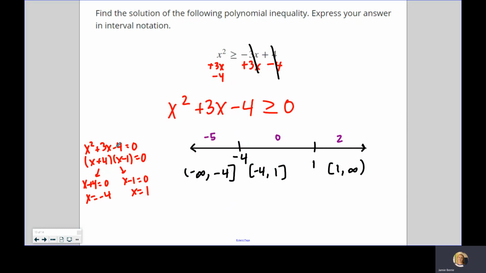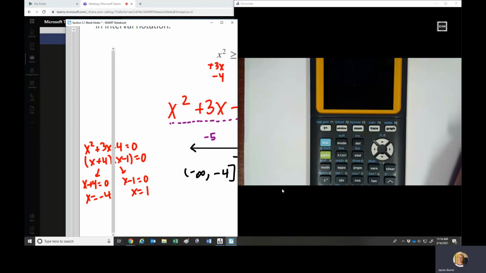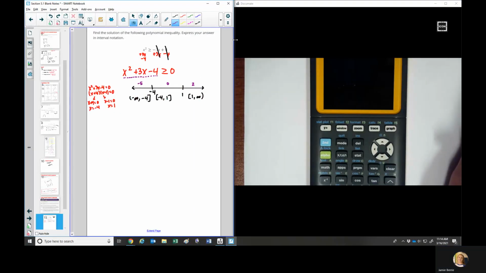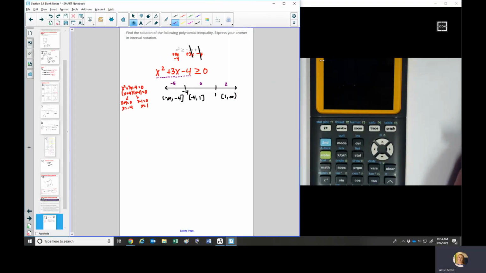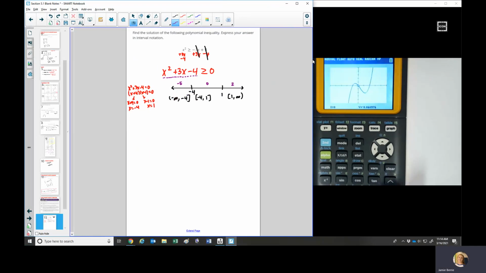All right, so let's plug these into our polynomial. This is our polynomial right here. So just that piece. We're going to see if it's positive or negative. All right, so let's get our calculator. I'm going to hit second quit to get out of that graph.